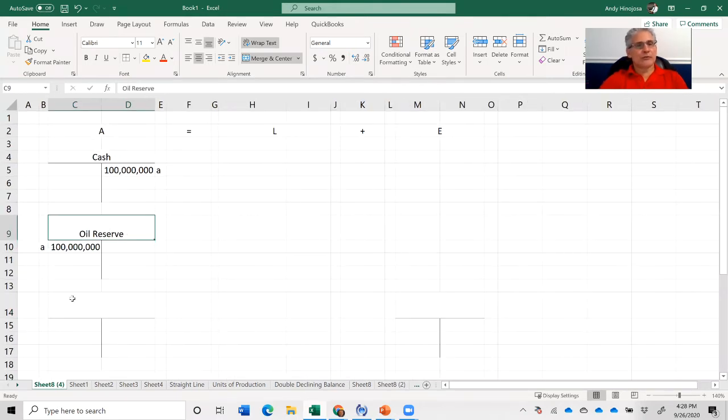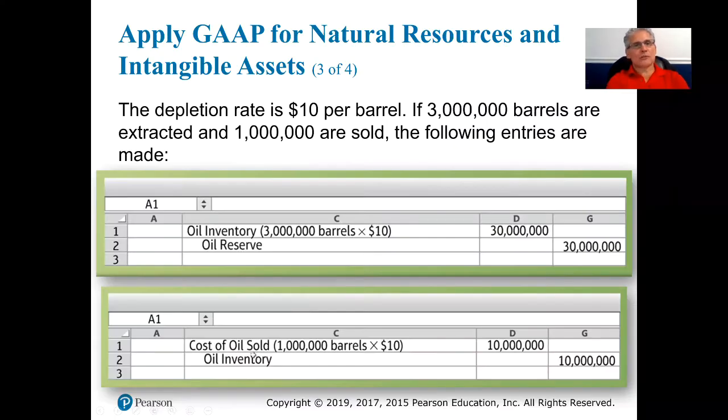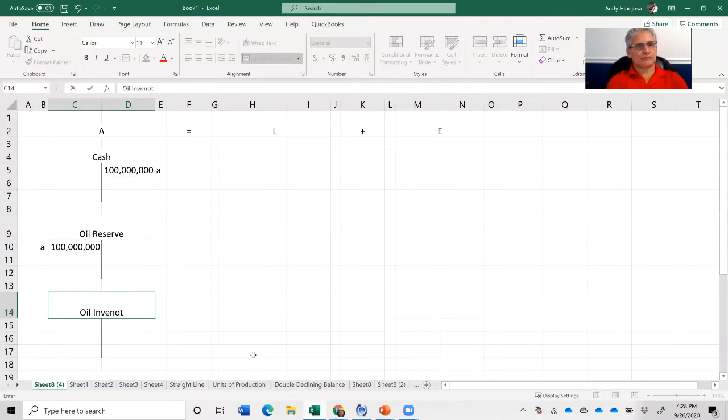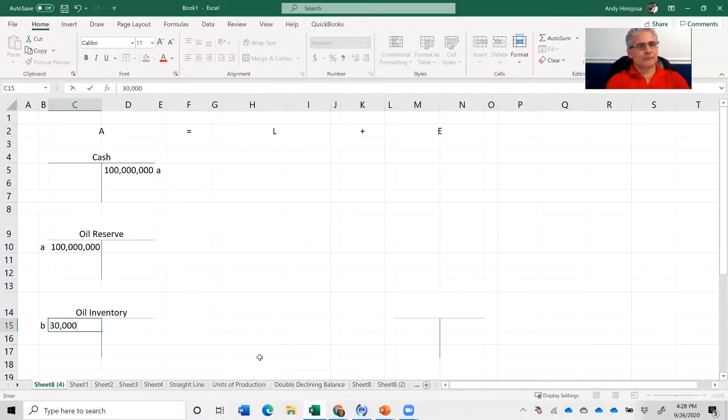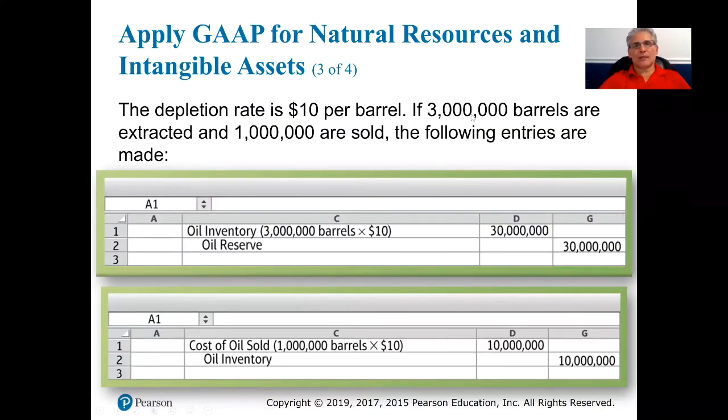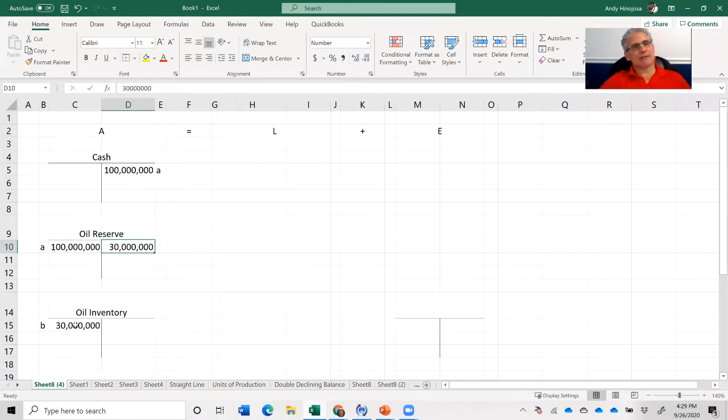This is the oil reserve, but we have another asset called oil inventory. Let's call this B, and we're going to debit it for $30 million and credit oil reserve for $30 million. The way we came up with the 30 is because we took 3 million barrels out at $10, which is 30 million. So the debit to inventory and the credit to the oil reserve: we took it out of the reserve and put it into inventory.